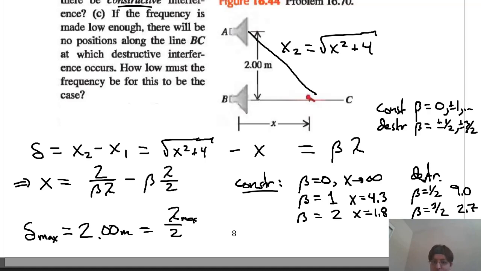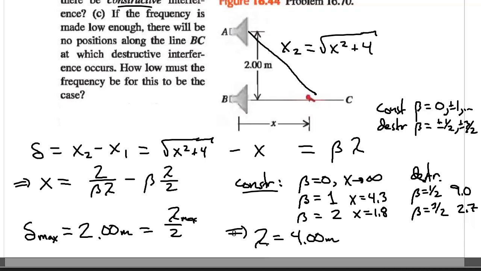Kind of weird, you're sitting right in front of a speaker, but no sound is heard by you, just because the waves are canceling each other out. So that means lambda is going to be 4 meters. That's the lambda max value. And that lets you find the frequency, the low frequency that's needed.